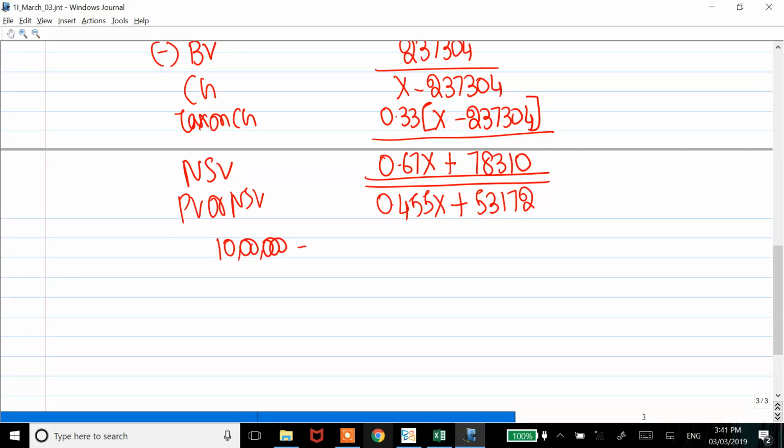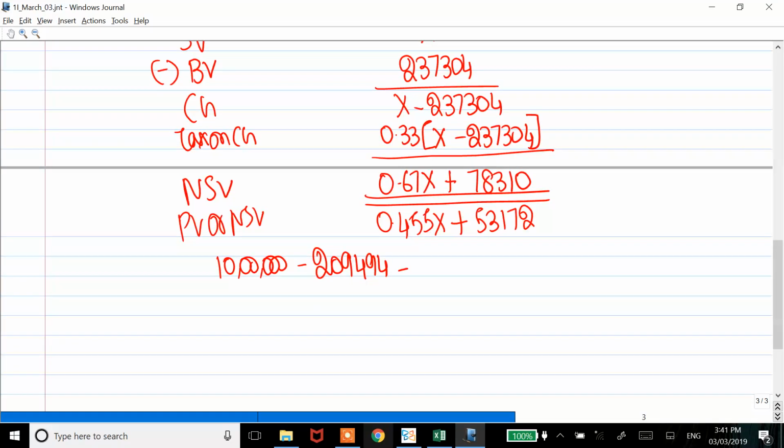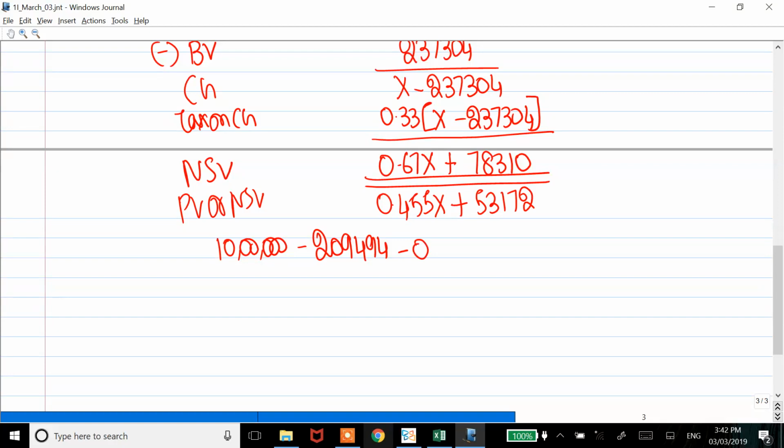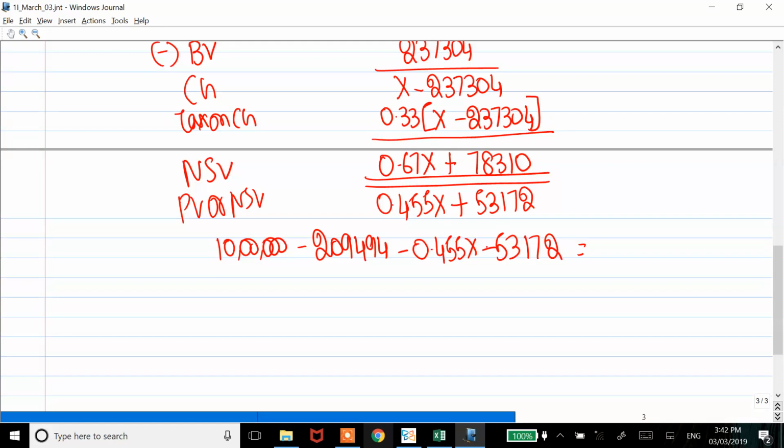10 lakh minus 209,494 minus 0.455x minus 53,172 is equated to 721,610. At this residual value, a decision reversal will happen.